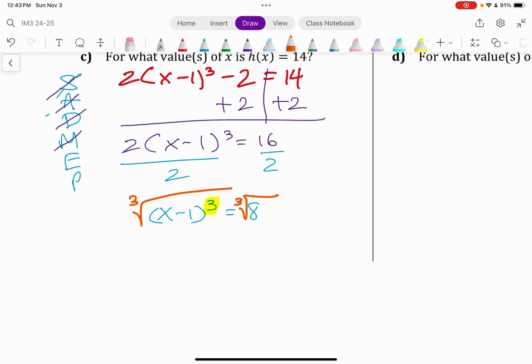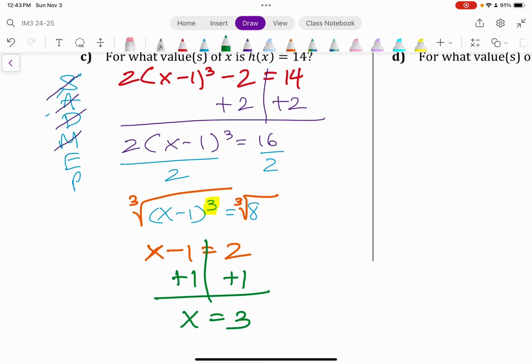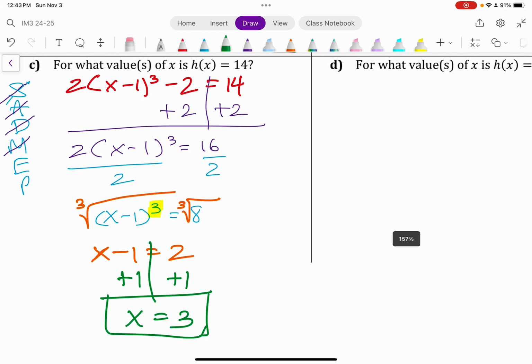So we get x minus 1 equal to the cube root of 8, which is 2. We finish by adding 1 to both sides, and we get a solution of x equals 3. You will notice that we only get one solution. When you are dealing with cubic functions, you will only get one solution.